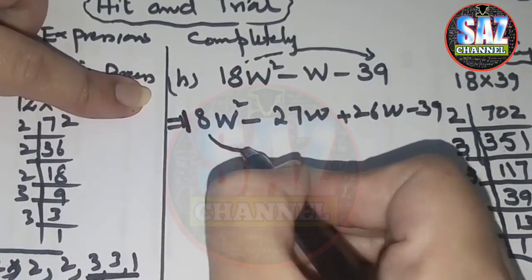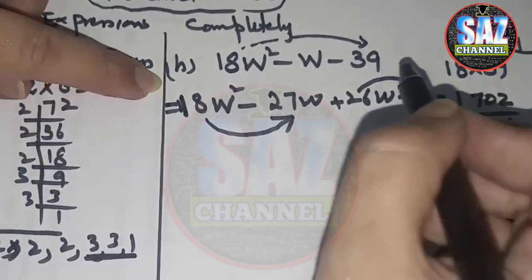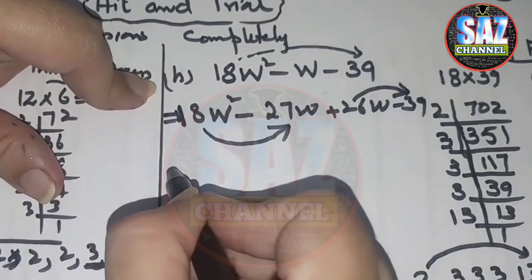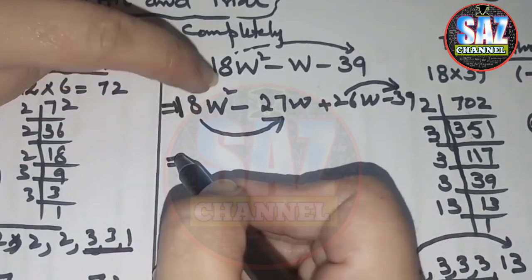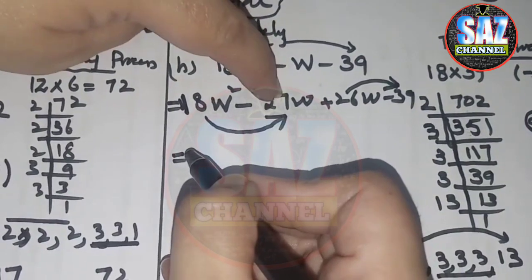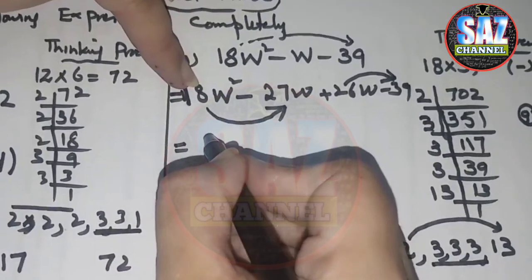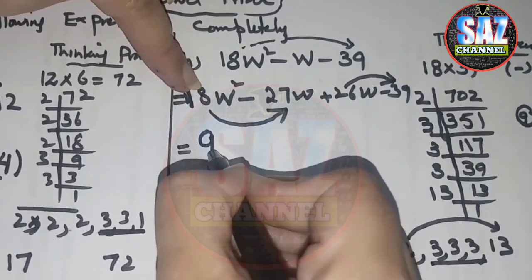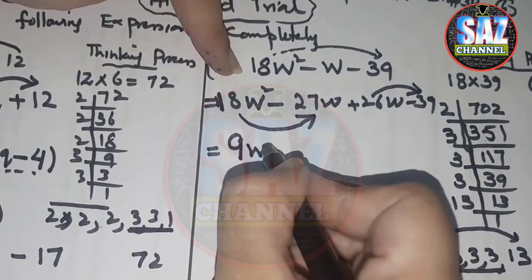I have to make groups of 2 terms, keeping in mind some number or some letter common in each group. If we look at the first group, the coefficients 18 and 27 both come in the table of 9, so I can extract 9 out. I can pull out 9 here, and from the variables I can have w as a common factor.